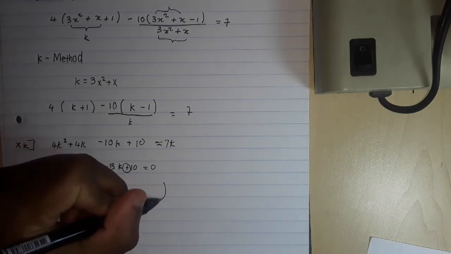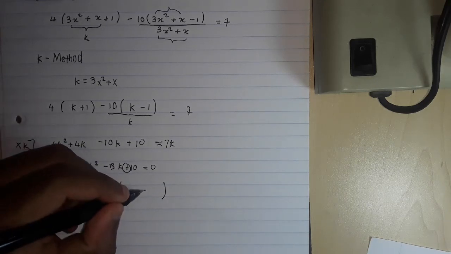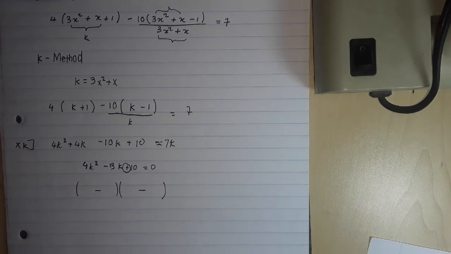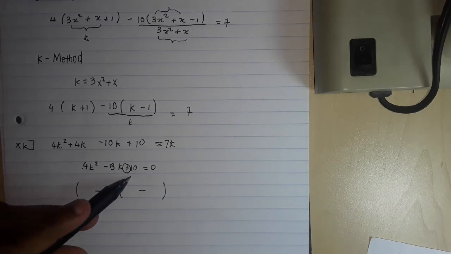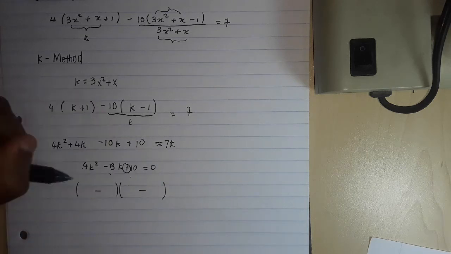And whatever term is in the middle, we'll have to put that on both, because since that is negative, we'll have negative on both sides. And then we said we will have to find the factors of the first and the last term that, when we add them, they have to give us 13.